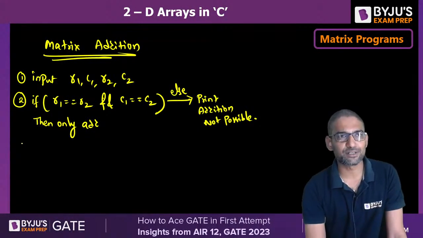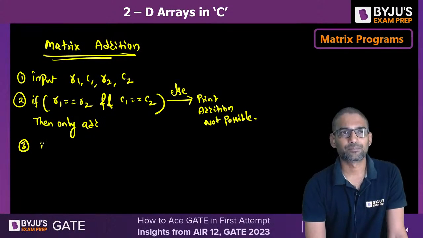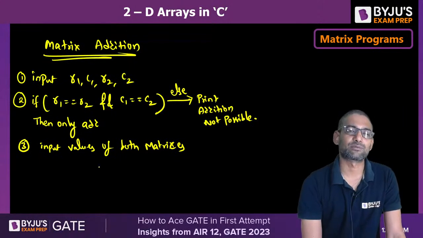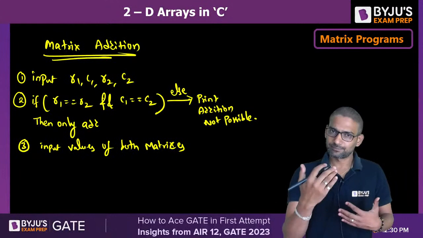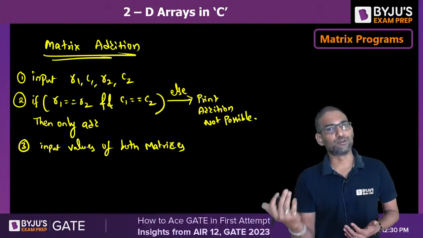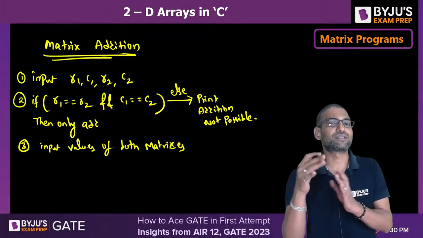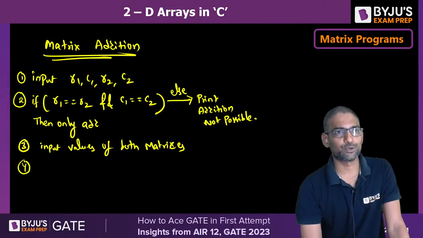Okay, if the dimensions matched, then what do you take? Input values of both matrices. Ask the user to enter first matrix values, enter second matrix values. Use the nested loops and write A of IJ, B of IJ. I have already shown how to input. Just change the names of the matrix, simple. Now what do you have to do?